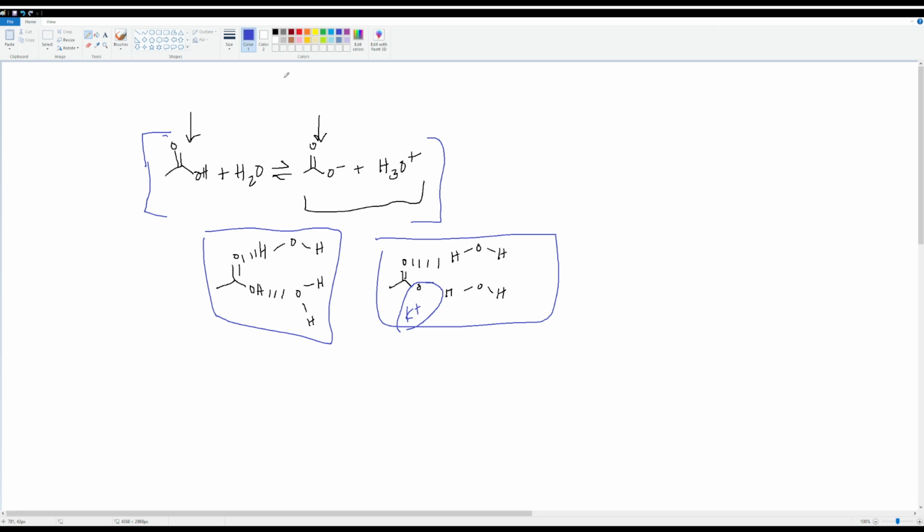A good application of this for ionic bonds is, let's say we had an amino acid, we'll do lysine.